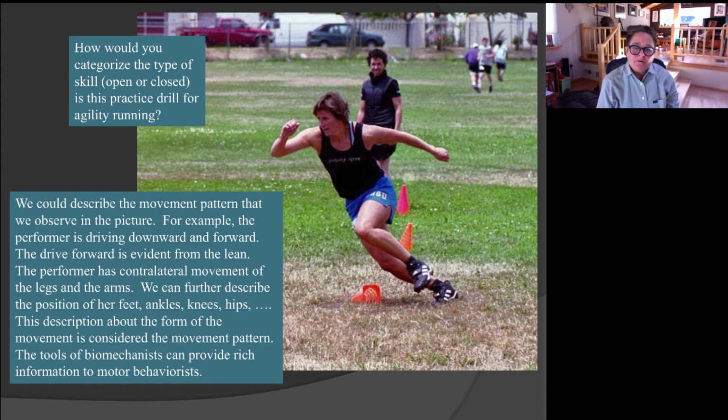And the drive forward is also evident from her forward lean. She also has contralateral movement. Notice how her left leg and her right arm are in the forward position, and then she's going to drive her right leg and her left arm forward. So we discussed in class what contralateral movement means.